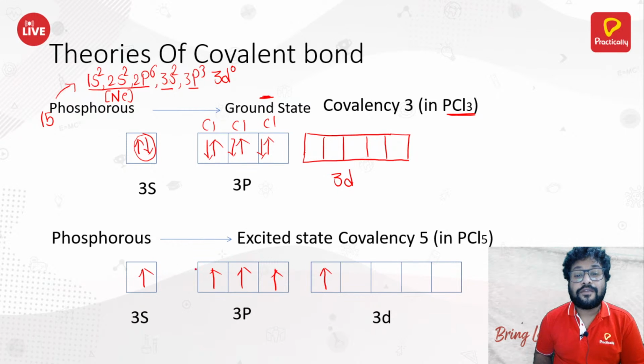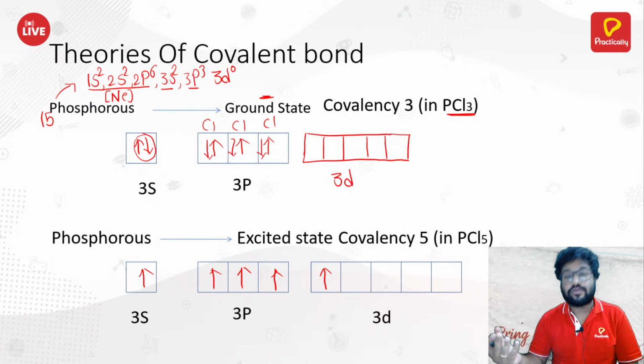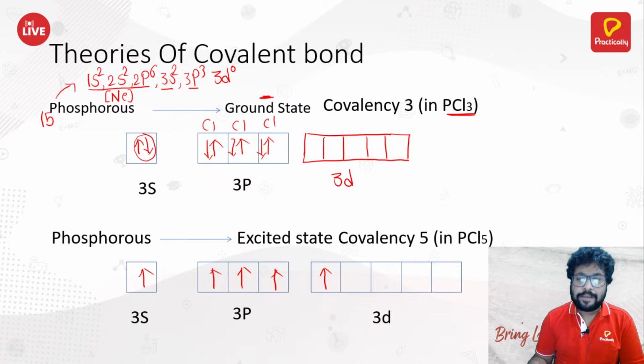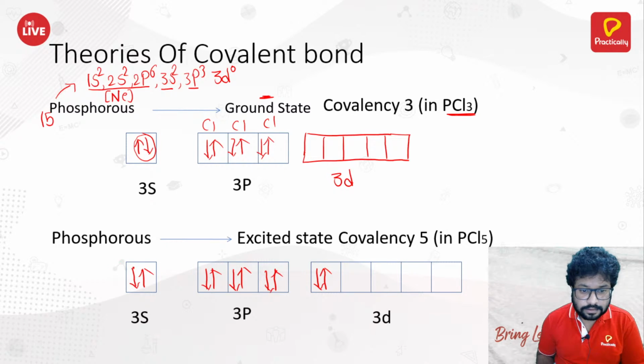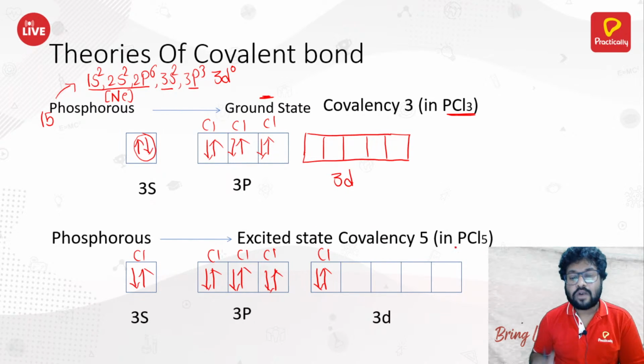So now you have 5 unpaired electrons, and in the excited state phosphorus can show valency 5. So 5 chlorines would come here like this, and that's how PCl5 forms, showing valency 5.